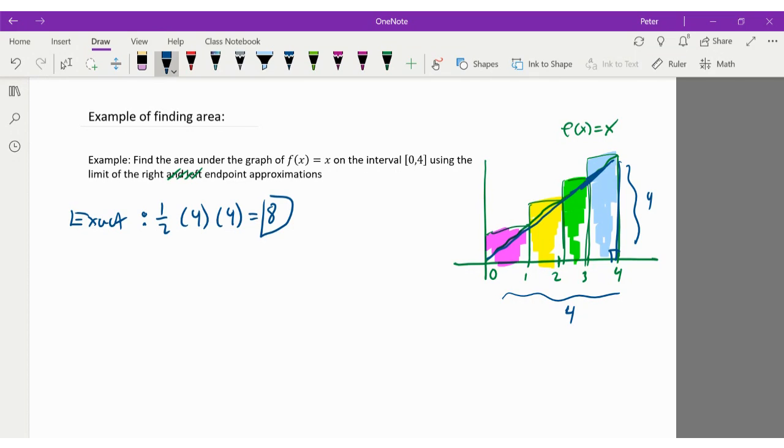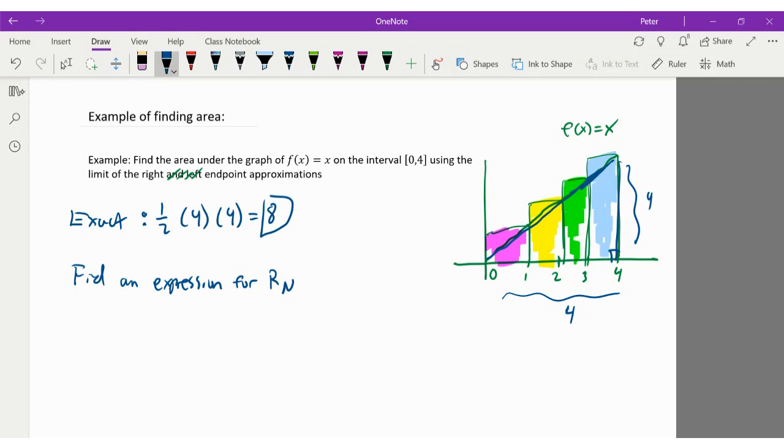Okay. So first of all, let's calculate Rn. Let's find an expression for Rn, rather. So instead of finding, say, R4, I just want to find an expression for Rn.